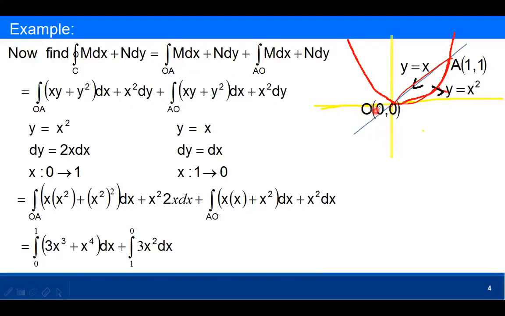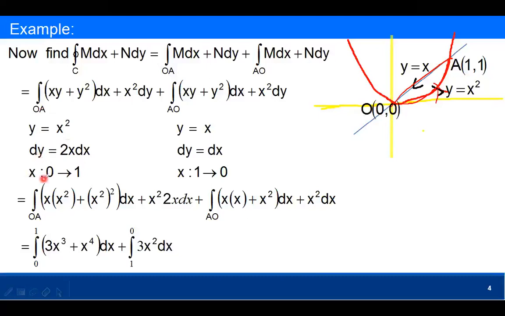So that means in case of this direction OA, put y equal to x square. If you are substituting y equal to x square, then dy equal to, what is dy? 2x dx, and the limits of x is varying from 0 to 1. So therefore put y equal to x square, dy equal to 2x dx, and x limits are 0 to 1.